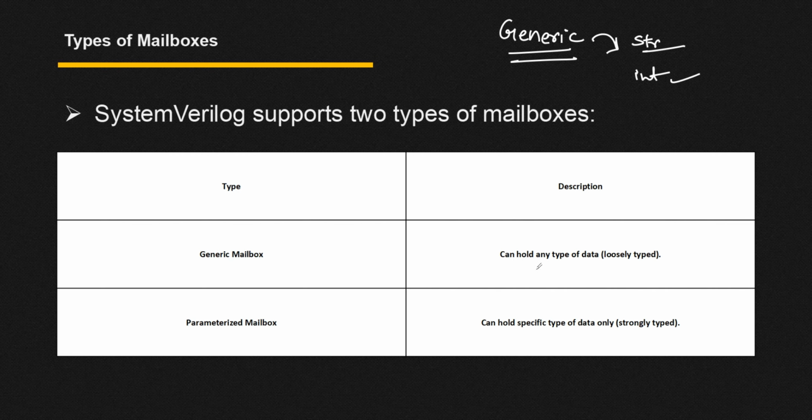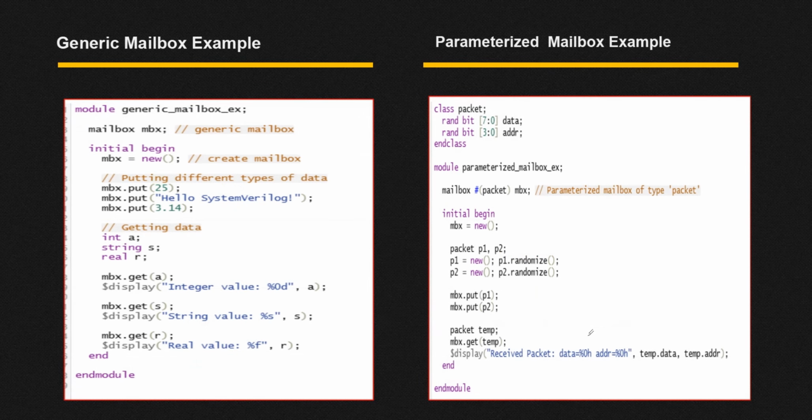Now here you can read the definition. Your generic mailbox can hold any data type value, whereas your parameterized mailbox can hold a specific data type only. Now let us understand it through example. Here you can see we have considered one example for generic mailbox and one example for parameterized mailbox.